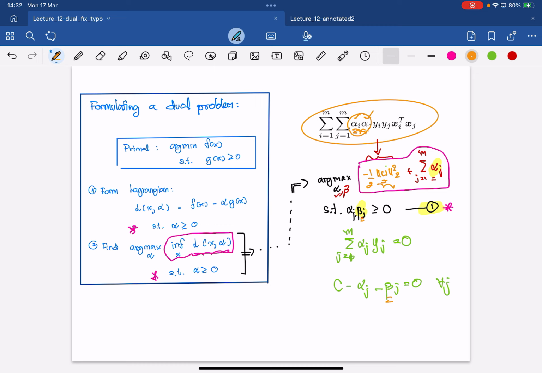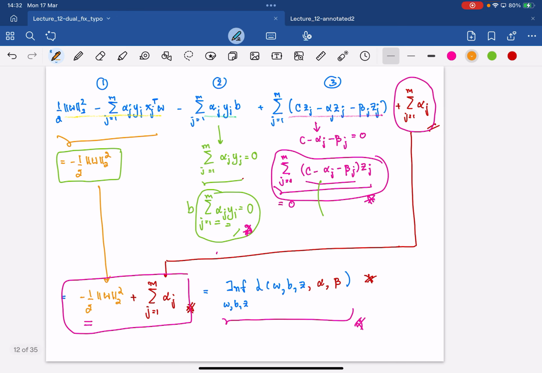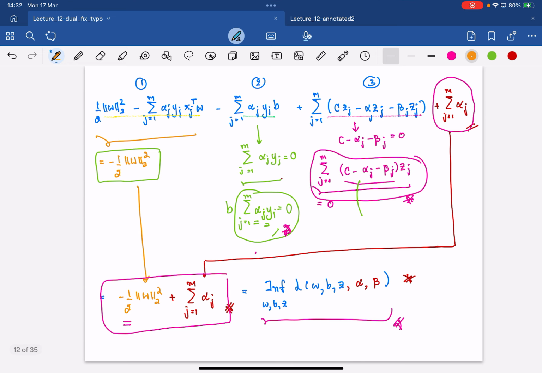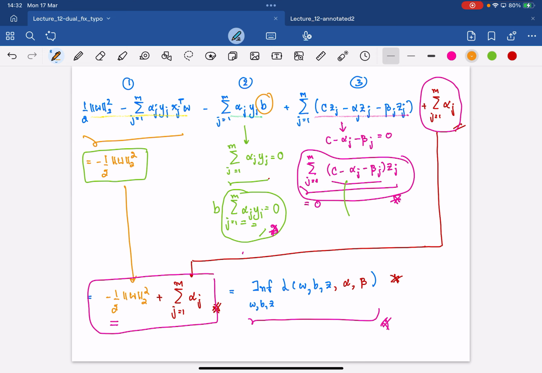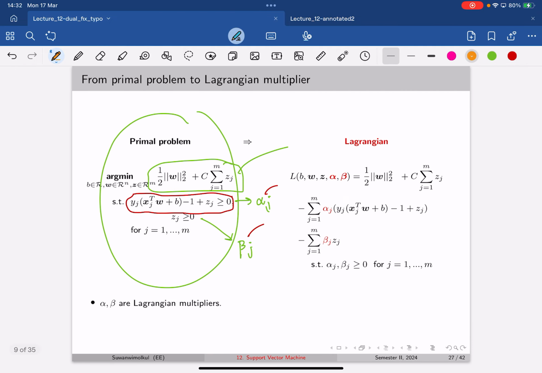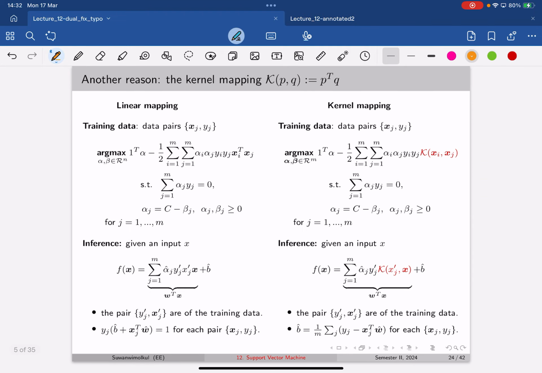This means that once you have alpha, you have to plug it back into this equation in order to get W. You also have to use some constraint in order to go back and compute B, which I cannot remember, but if I remember correctly, computing B requires another step.